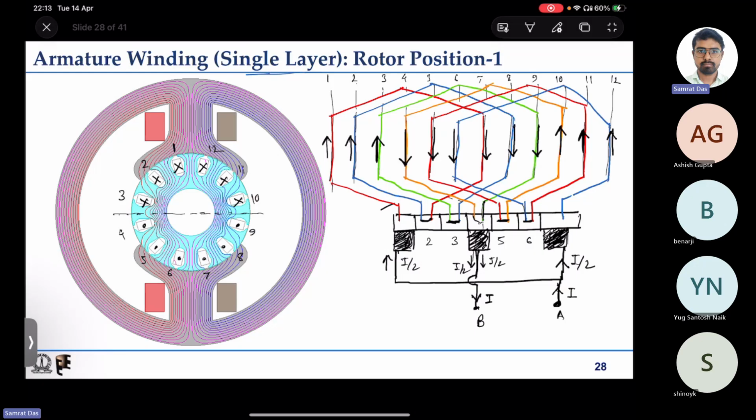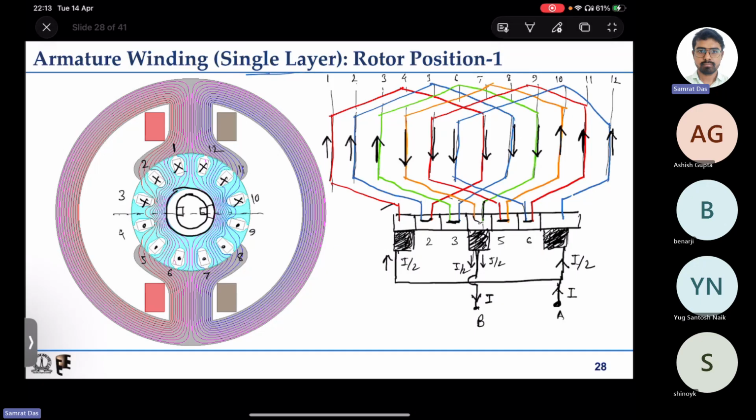So if we now try to draw the circular commutator also here, how will it be? Maybe the actual brush may be somewhere here, so this is segment 1.